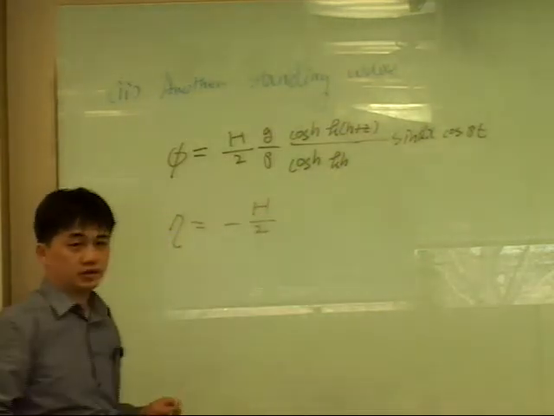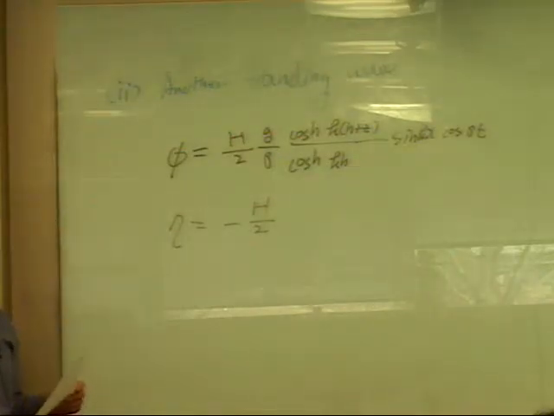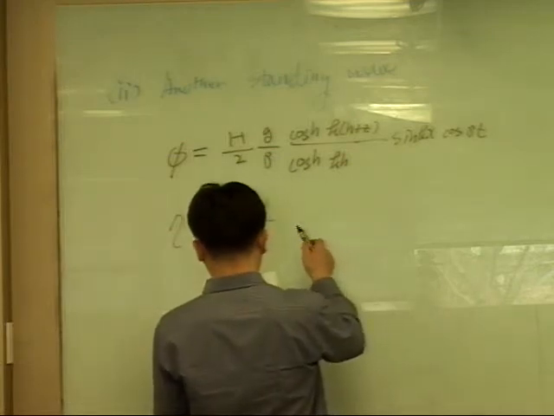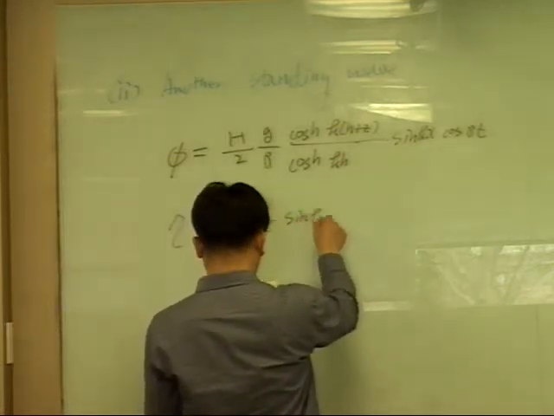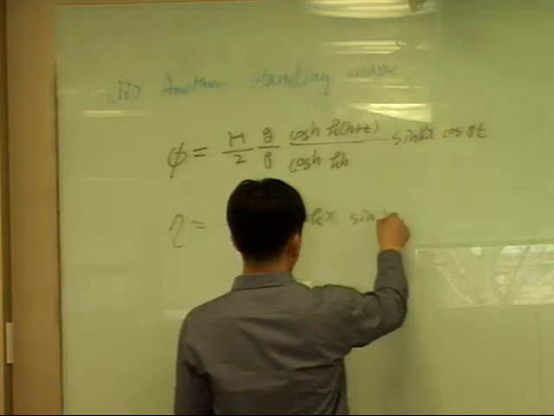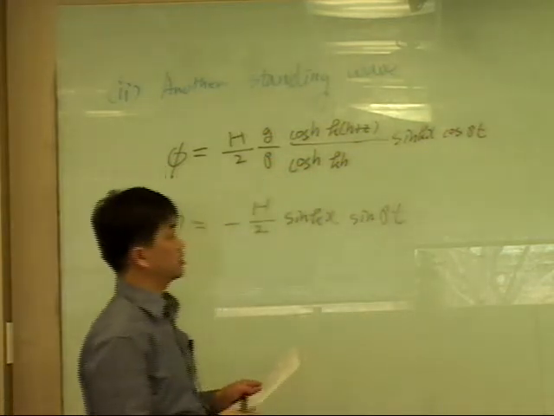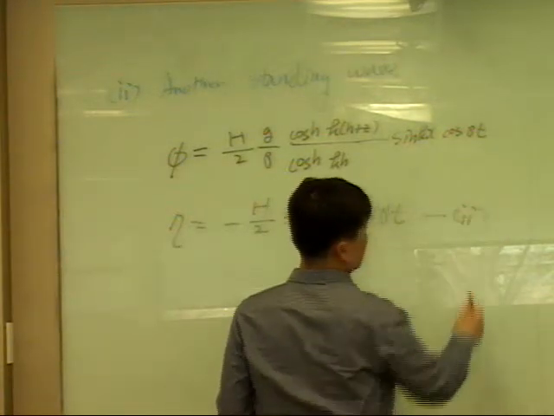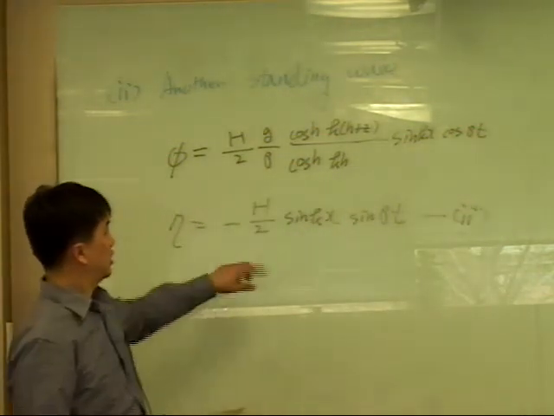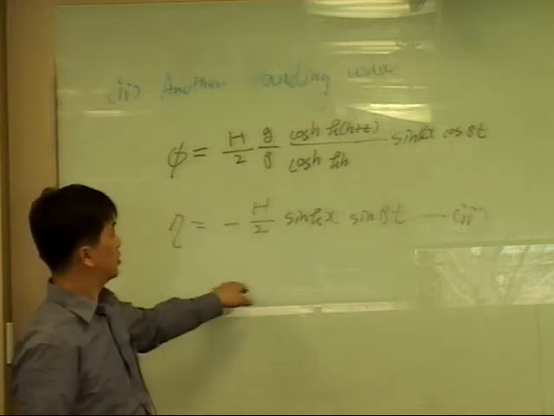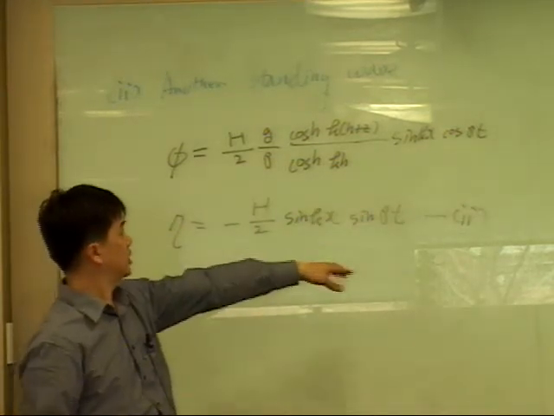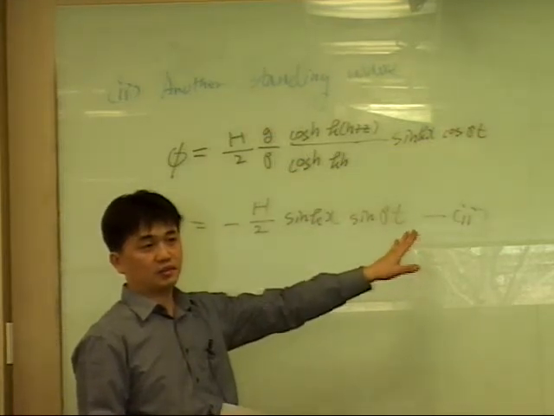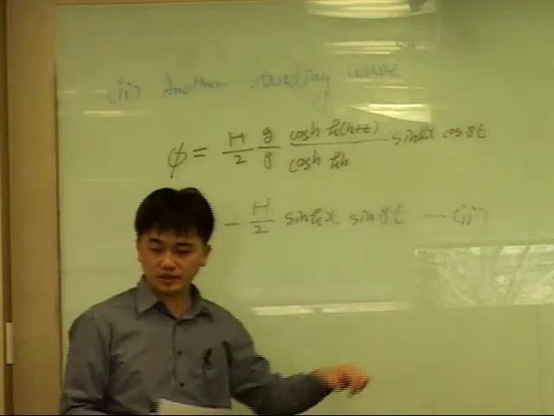The form of the solution is very similar. The only difference is sine and cosine, right? Minus H sine kx sine sigma t. This is another standing wave. Let's say this is solution 2. The only difference is that over there it was cosine, cosine, and here it's sine and sine. It has the same property but a different shape, right?